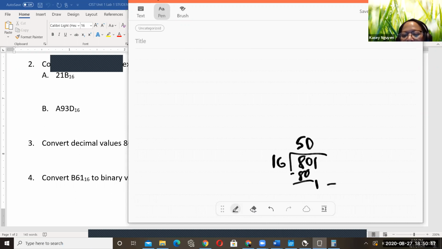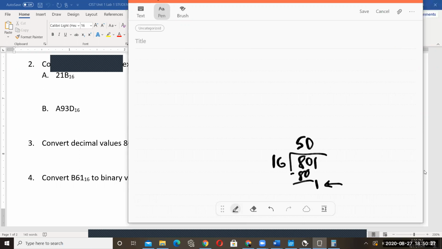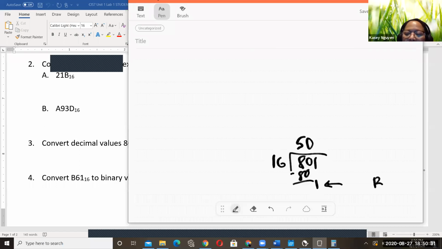So we have a remainder of 1. Correct? Yes. So you want to record this. Normally I put a little R just to keep track, because after a while we lose track of it. Okay, so we have a quotient of 50. We're going to divide it by 16 again.